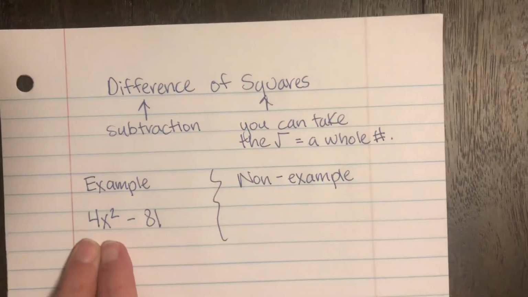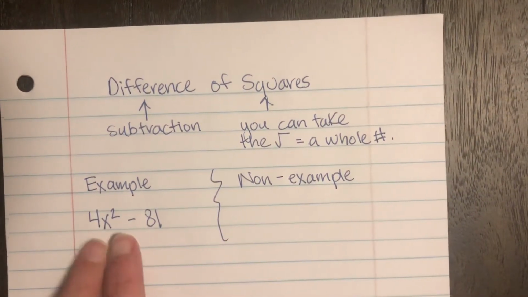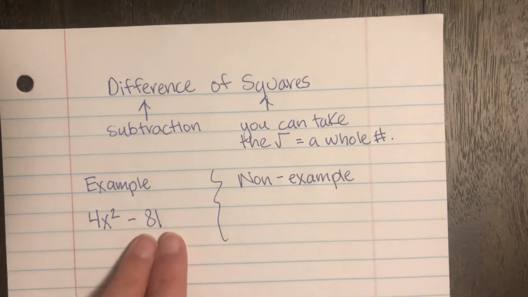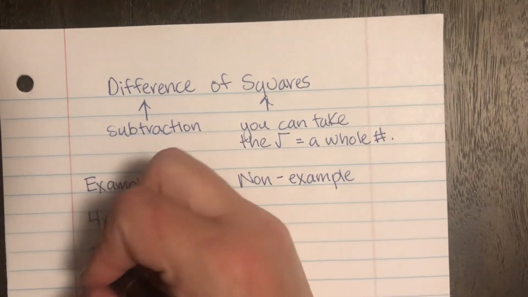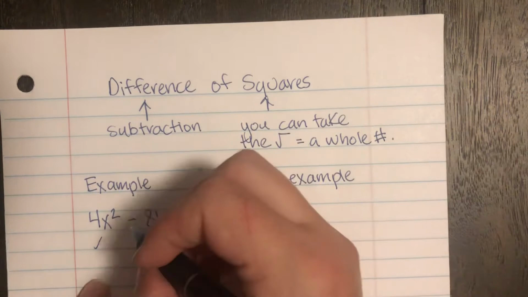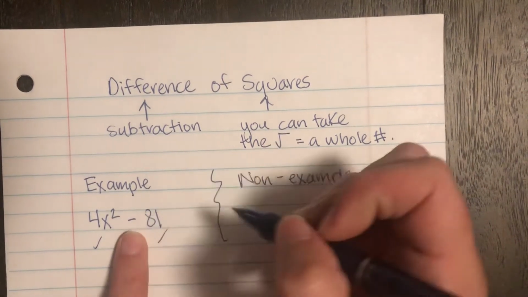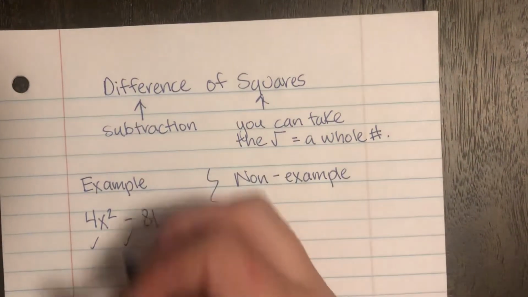I can take the square root of 4. That's going to give me 2. Square root of x squared is x, so I can make that 2x. And then 81 is going to be 9. So this one will work. I can take the square root of both of those, and it has a subtraction sign. So that's the other thing I'm looking for.